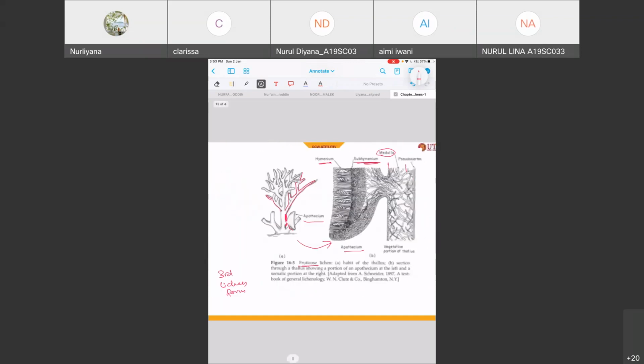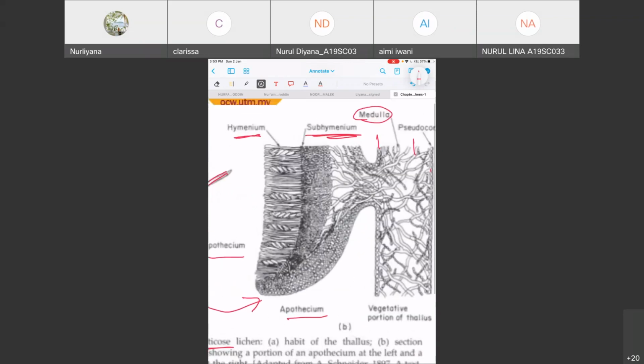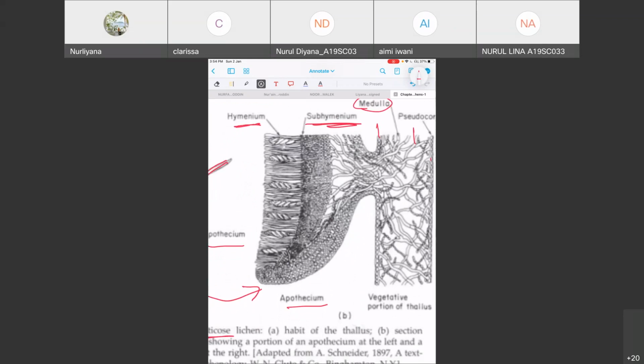But if you look at fruticose lichen, where do you think the green algae is located? Can you see any green algae in the structure? Can you see it, or is it too small? Who can help here? Hello? Medulla. Oh.